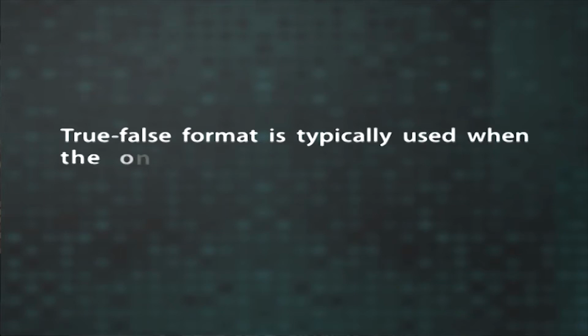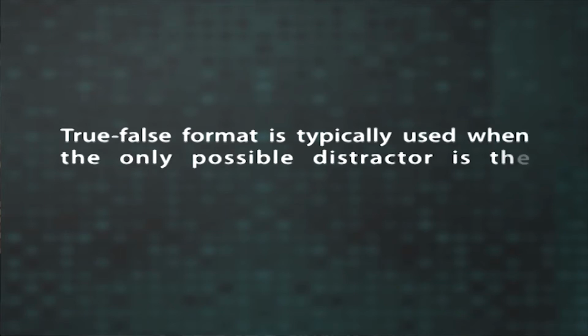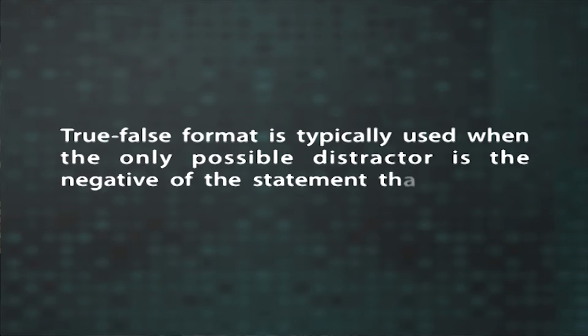True false format is typically used when the only possible distractor is the negative of the statement that is being tested. That is to say, in a true false question, either the statement is true or the opposite of the statement is true. Let us consider an example. Here, the first part of the question provides a declarative sentence.